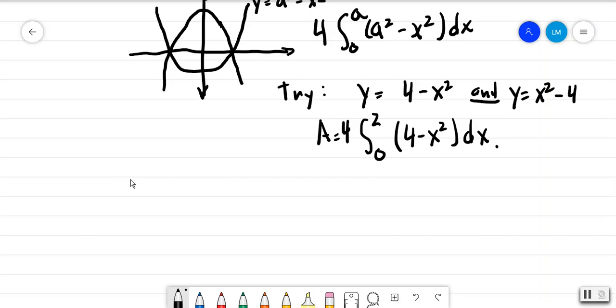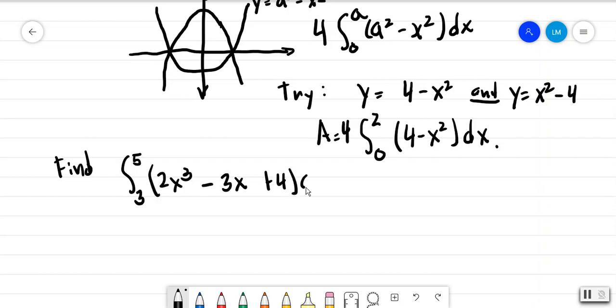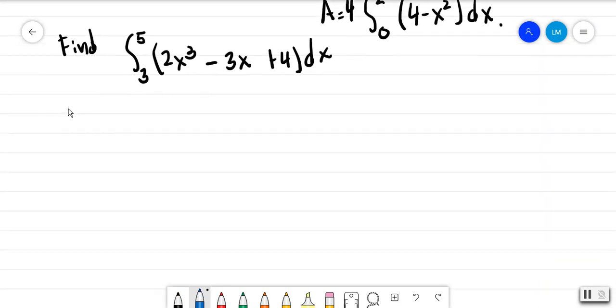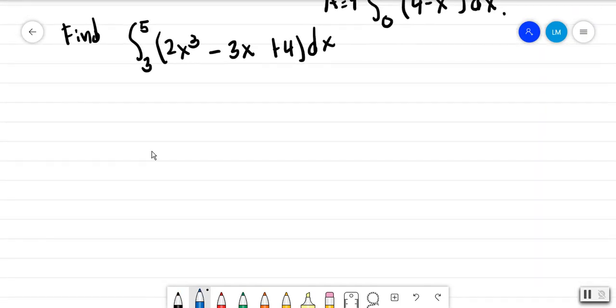Okay, now the last one that you should definitely look at. Let's look at a polynomial. If we have the integral from 3 to 5 of 2x cubed minus 3x plus 4 dx, again, we could go about finding the sketch of the region, but we really don't have to.